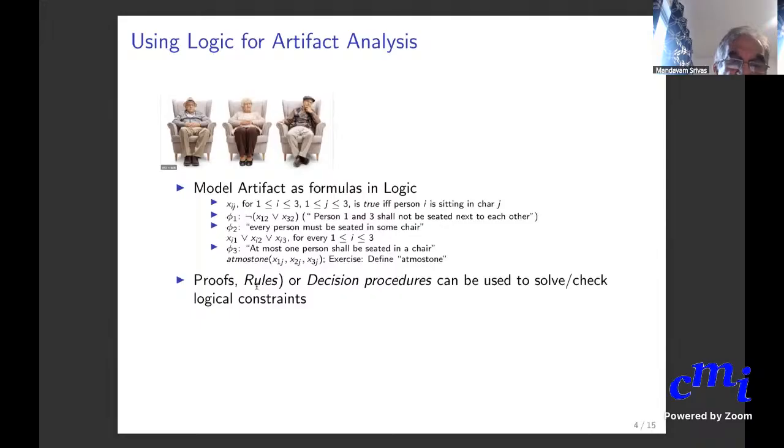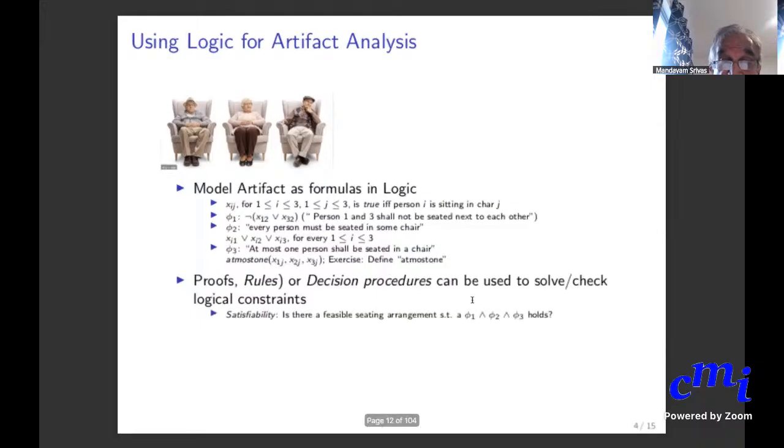And then once you define the variables and model the constraints, of course the idea is to use SAT solvers to check these logical constraints and get solutions for them.